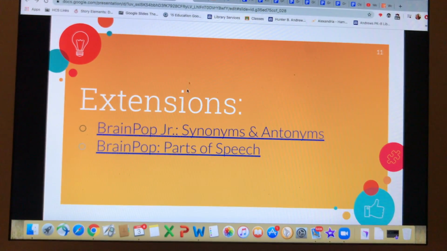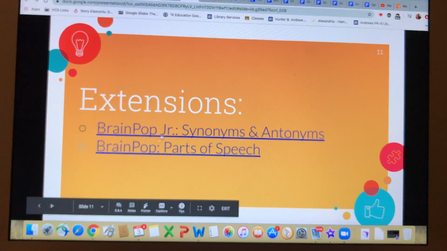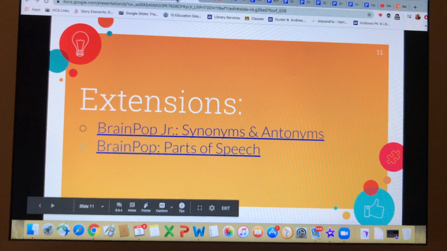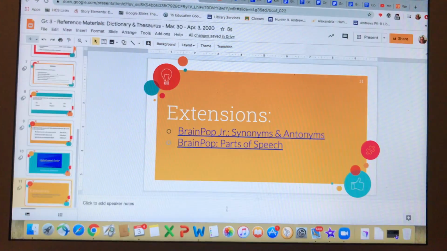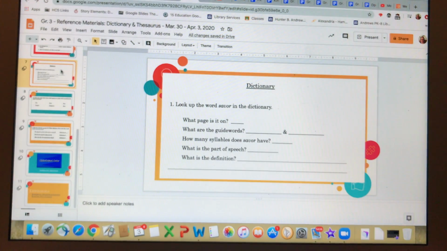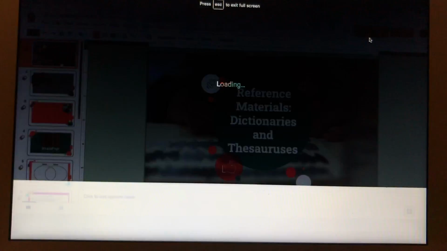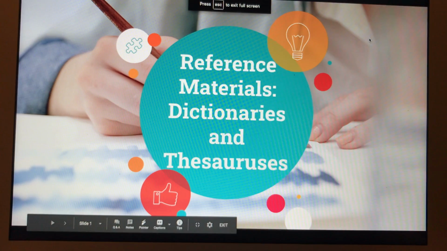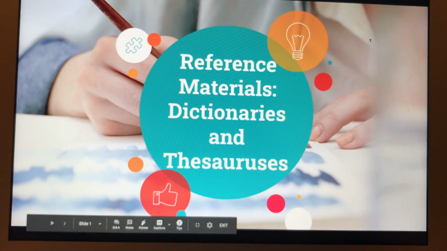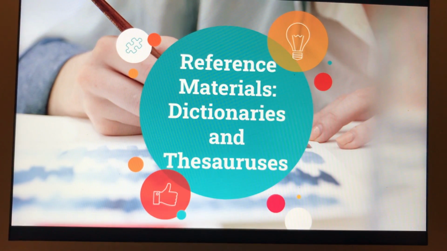All right. So we have talked about reference materials. We've talked about dictionaries and thesauruses, how they're the same and how they're different. We did some practicing with ABC order, which is really important.